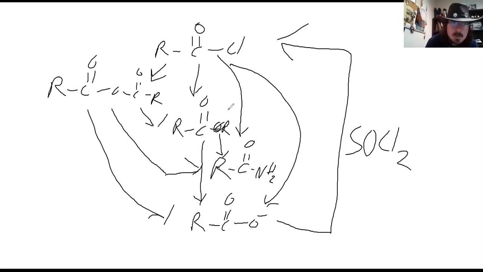So let's look at an example of one of these. How would you convert an acyl chloride into an anhydride, which is the second step? So, acyl chloride: you would start by adding a carboxylic acid.